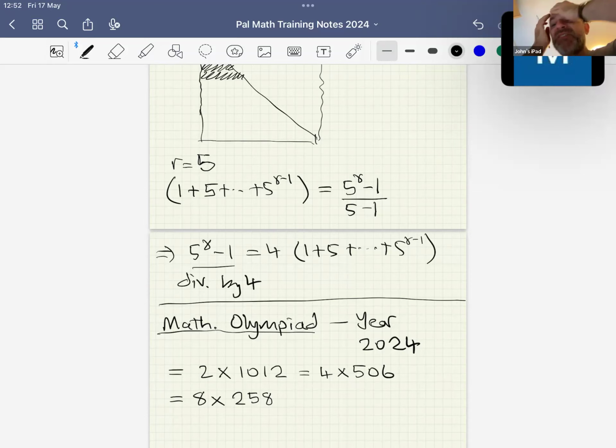Yeah, 253. And now is 253 divisible by anything?